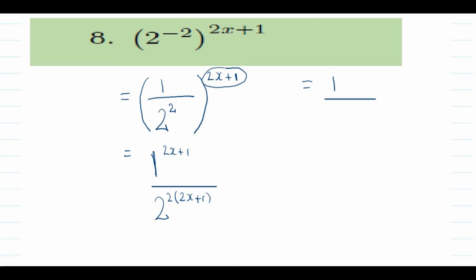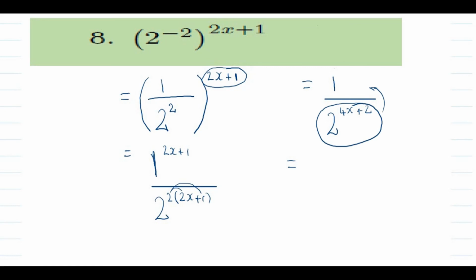okay, let's simplify the bottom part, right? And the denominator. We've got 2 times 2 is 4x plus 2 times 1 is 2. Alright, so if you don't want to leave your answer in this form, you can simply take this whole denominator and put it at the top, take it to the numerator.